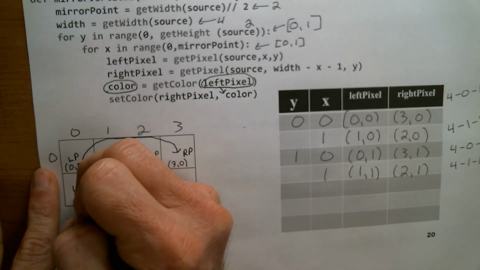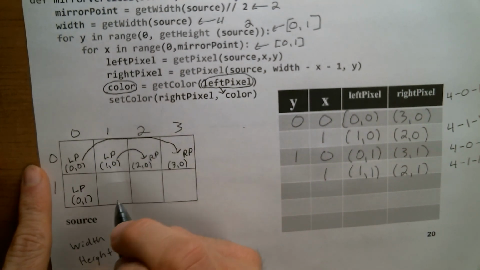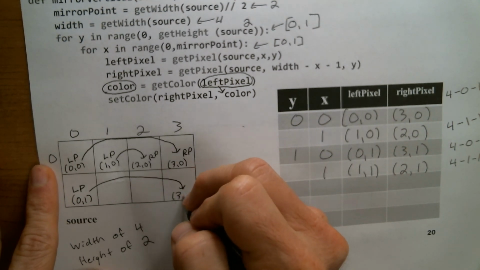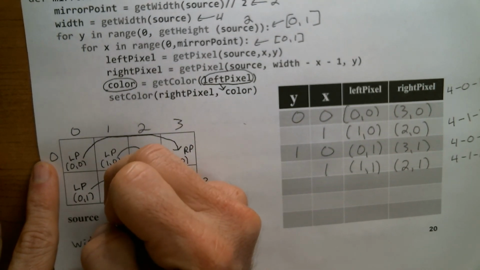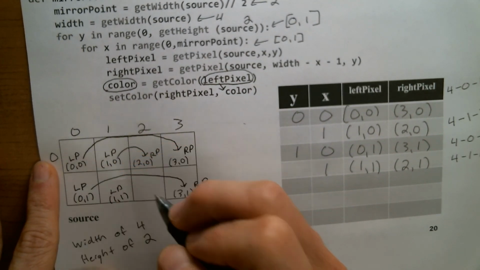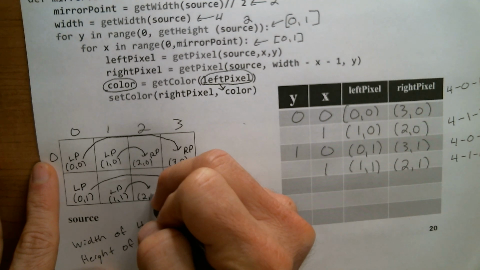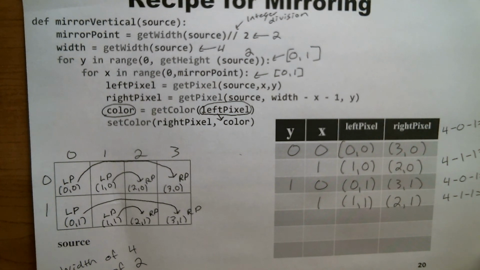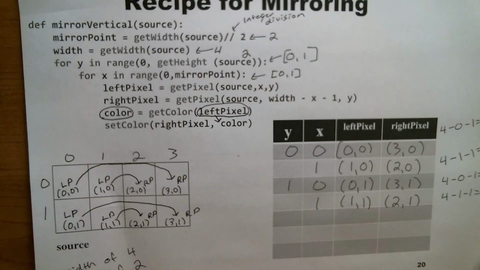This was left pixel 0, 1, and it gets copied over to right pixel 3, 1. And then the same thing here. This was left pixel 1, 1, and it gets copied over to right pixel 2, 1. So all this code is doing is basically taking these colors and copying them across some sort of dividing line that's been set up.